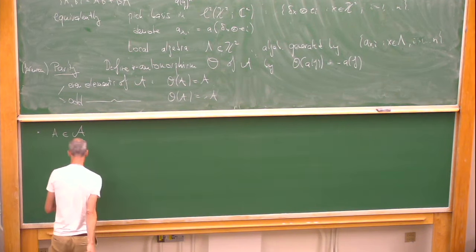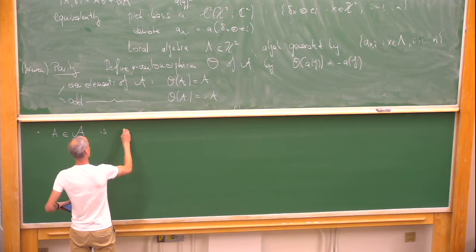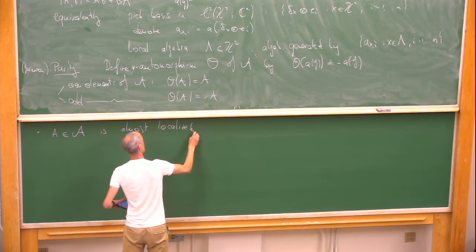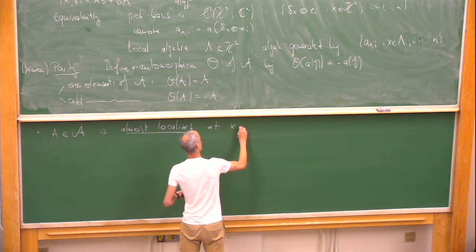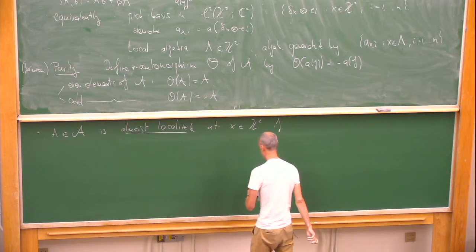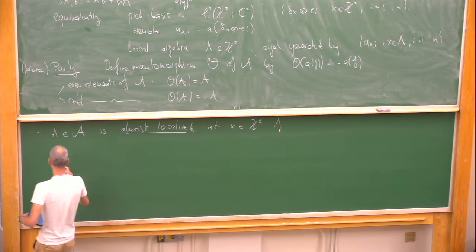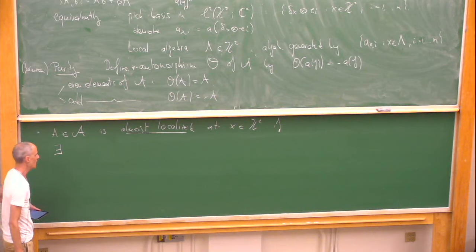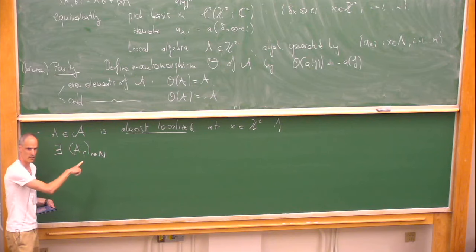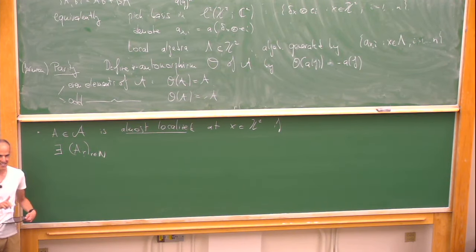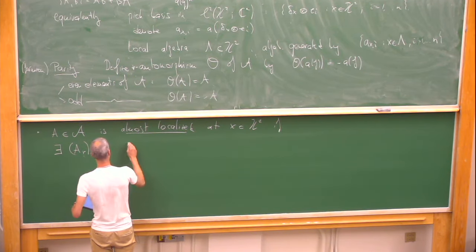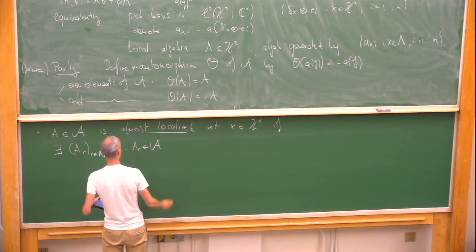An element A is almost local, or almost localized at a site X, if, instead of being very explicit, there exists a sequence A_R, where R here does not label a site, it labels a distance, such that A_R is in the local algebra.